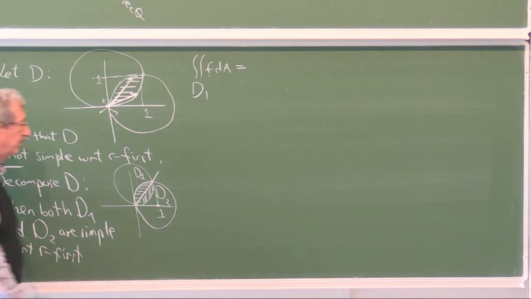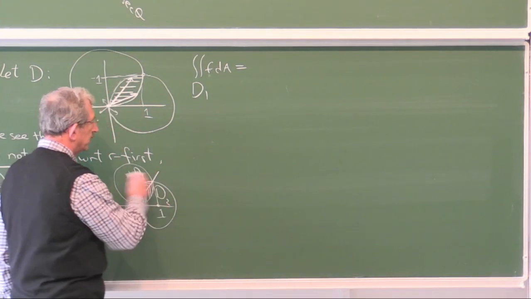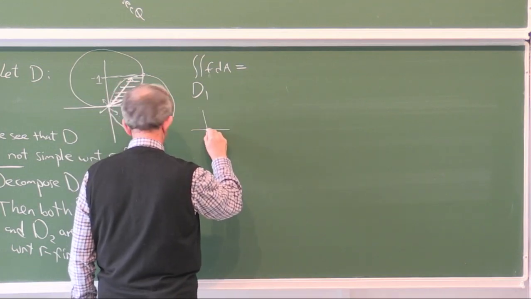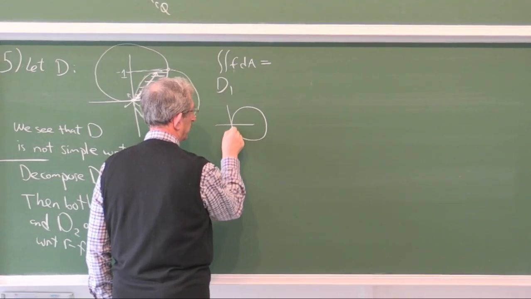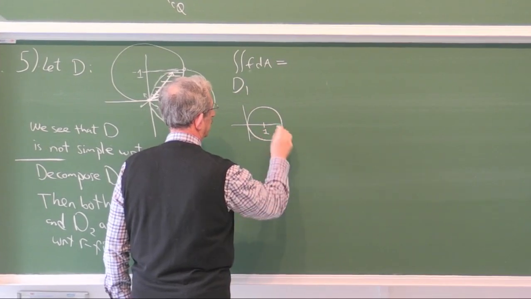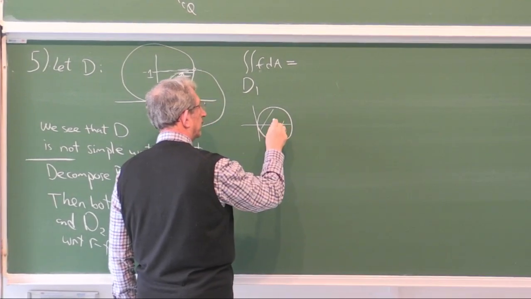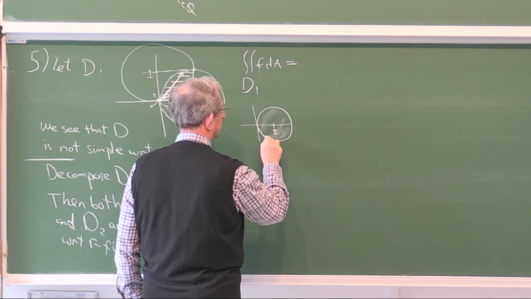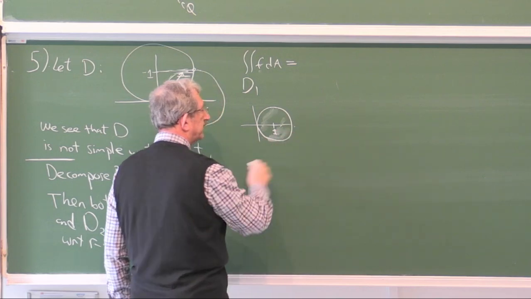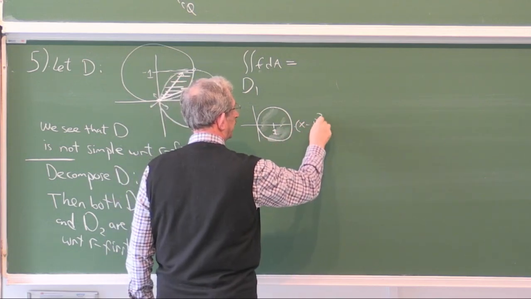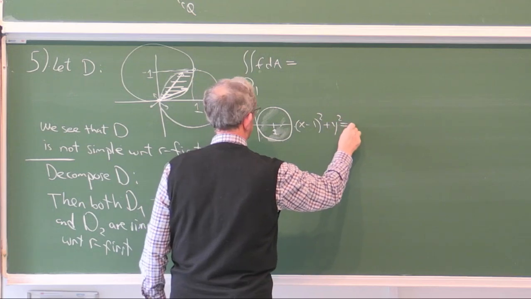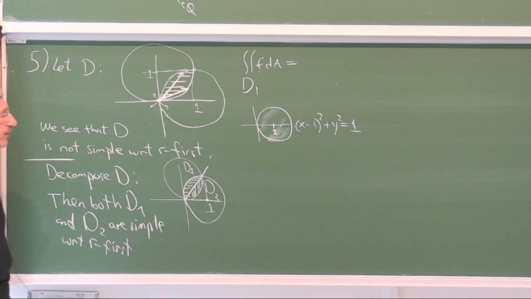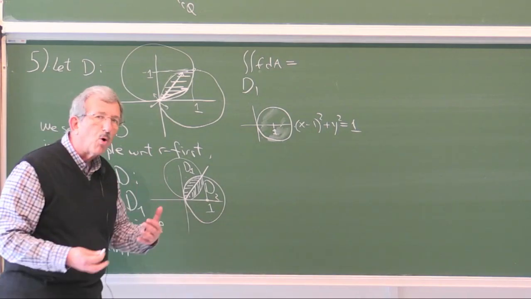In other words, the lower circle, namely this one, actually, I'm not interested in the region, just the curve. This curve is given by (x minus 1) squared plus y squared equals 1. Its radius is 1, center is at (1, 0). Now, what does this mean in polars?